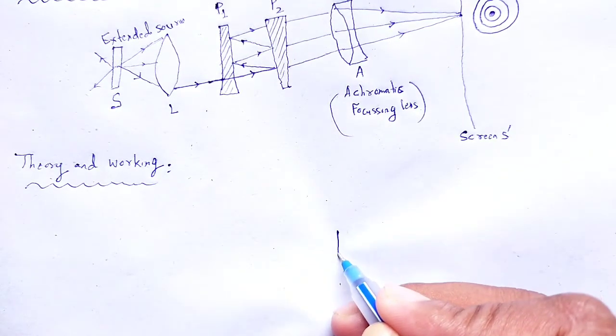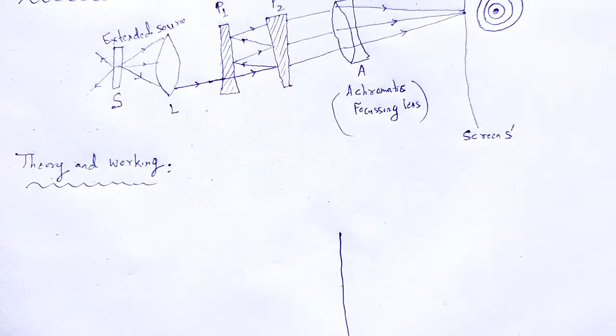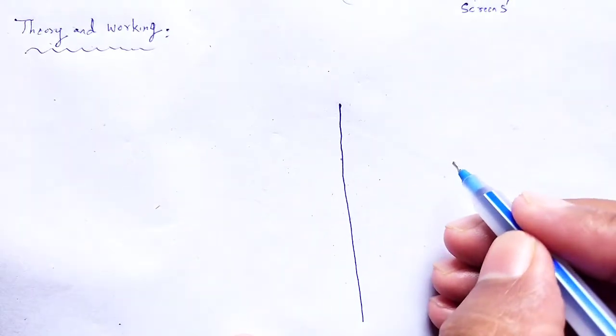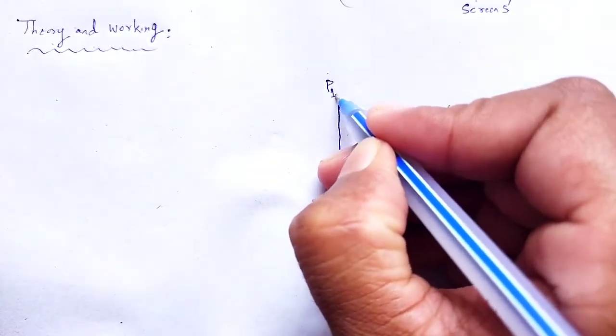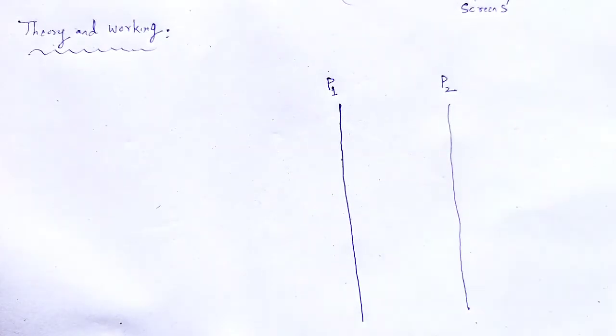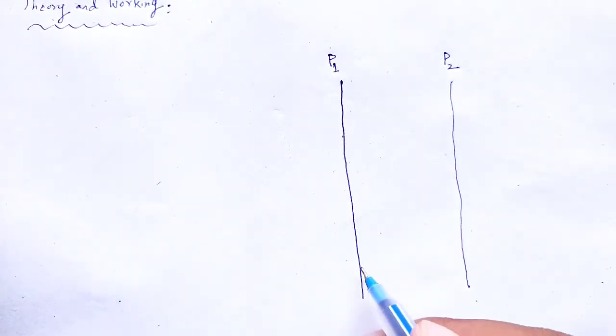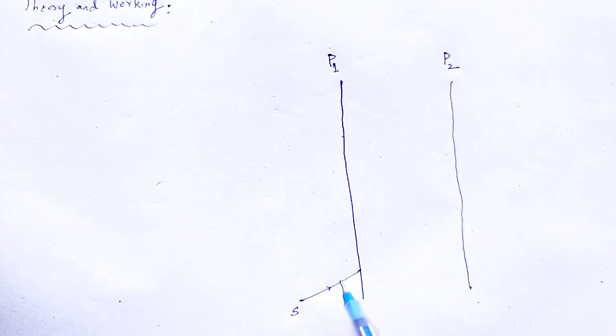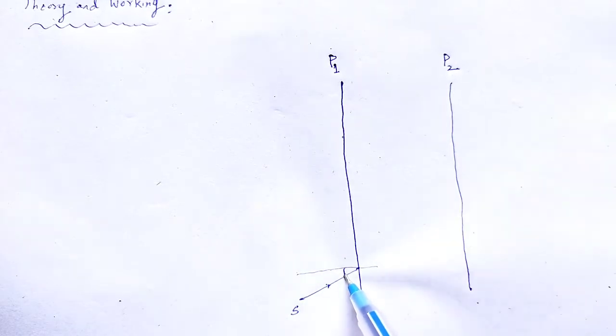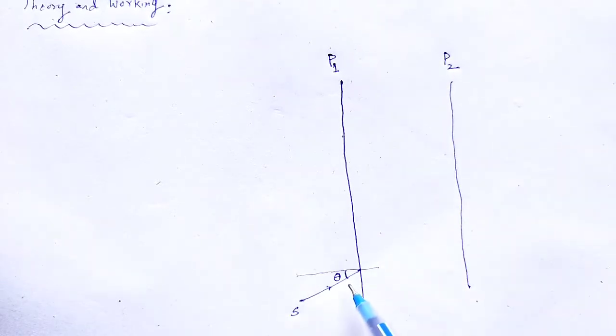Two parallel glass plates named as P1 and P2. Here is the source S; at an angle theta the light is incident here.